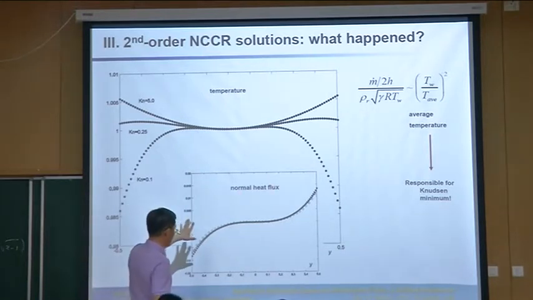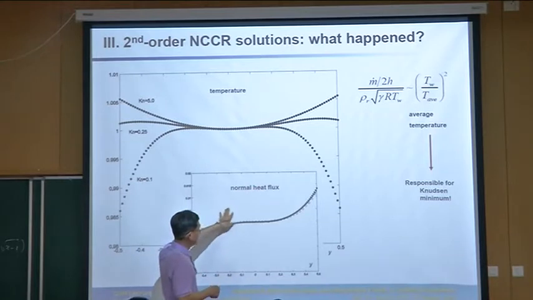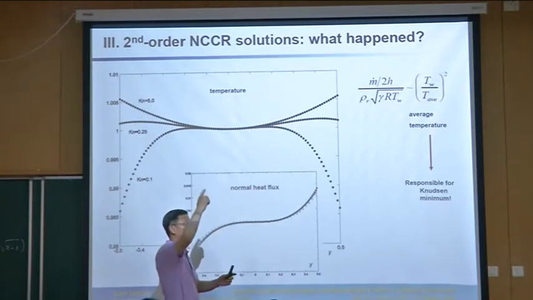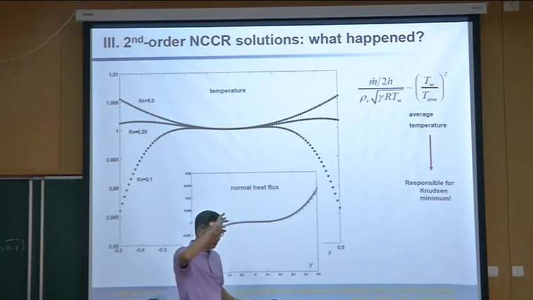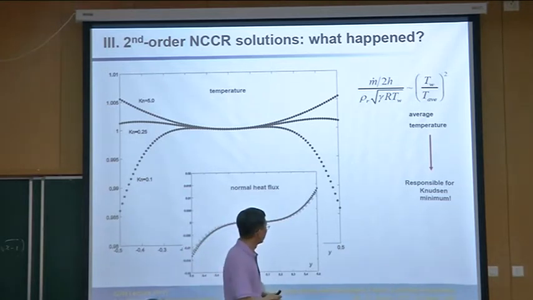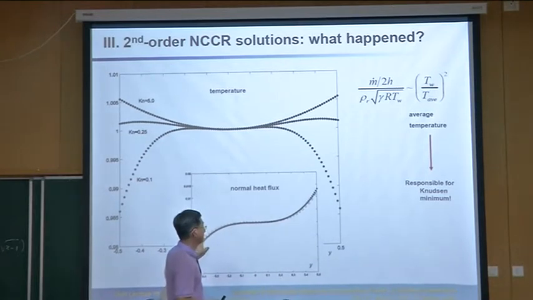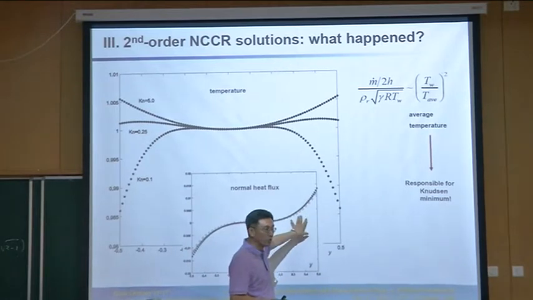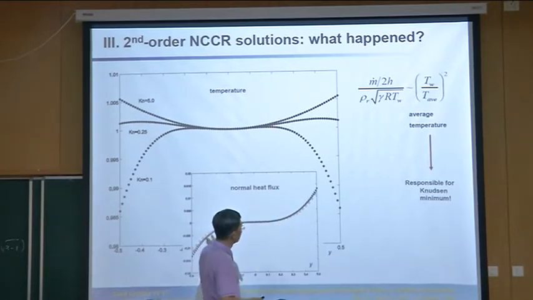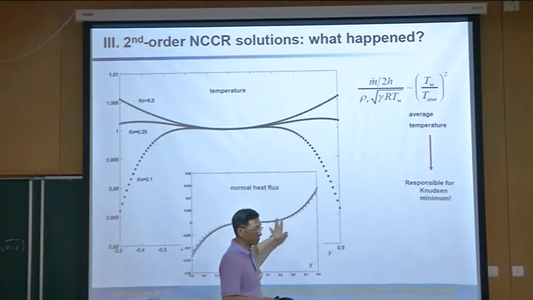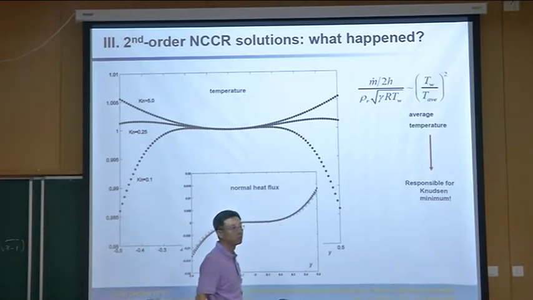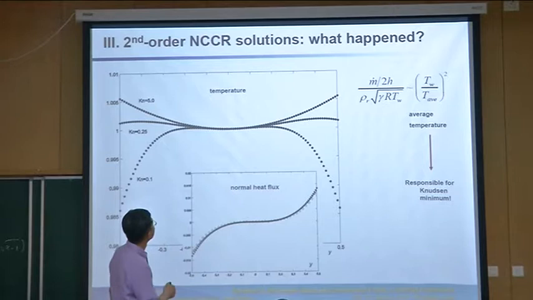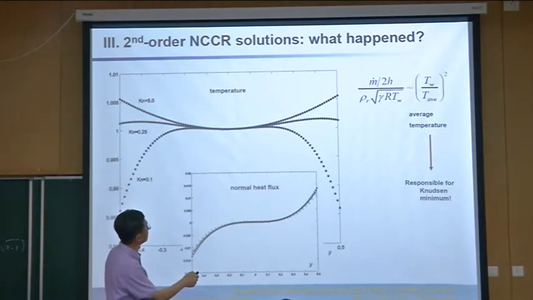So I took the normal heat flux. Remember, there was something like the tangent, the third power. So this kind of thing, Navier, SNC, and second order all look the same. So if you are interested in just the normal heat flux and the shear viscous stress, the Navier structure is pretty good. And then, depending on different Knudsen numbers, this is the temperature profile.